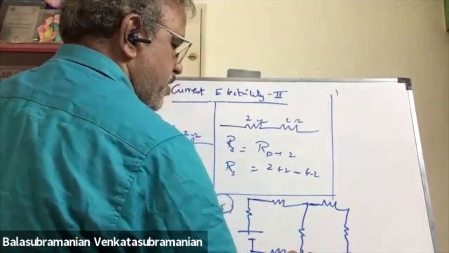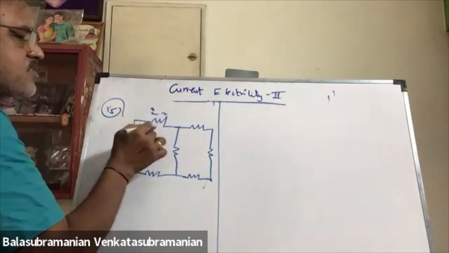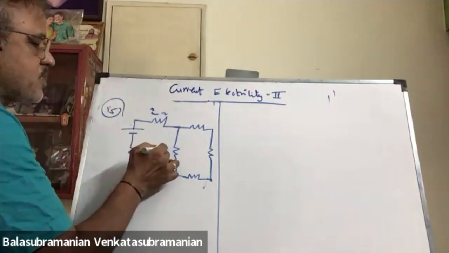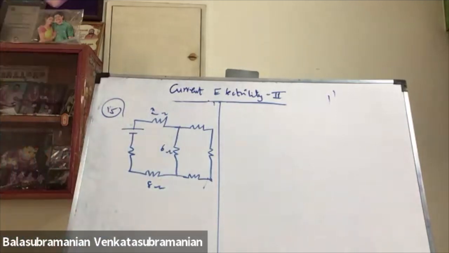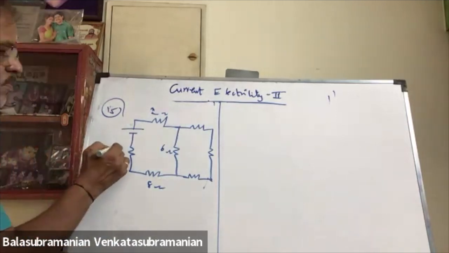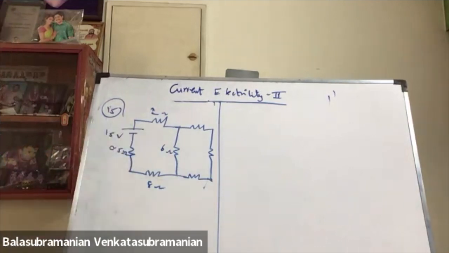So this is the problem given, the 15th problem. This is the circuit given: 2 ohms, 6 ohms, 8 ohms, 0.5 ohm, 15 volts.